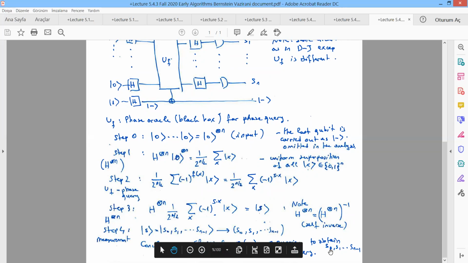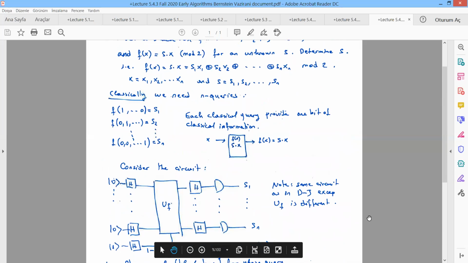So in conclusion, classically, in order to obtain these s sub 0, s sub 1, up to s sub n minus 1 values that represent this unitary function that we wanted to deduce, we needed order n queries.